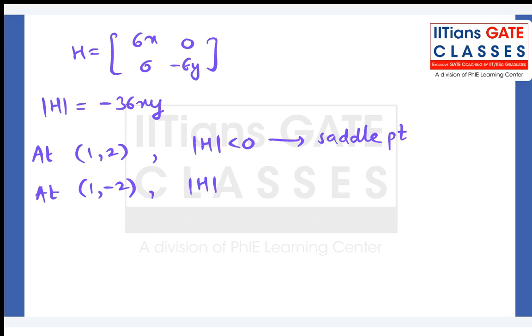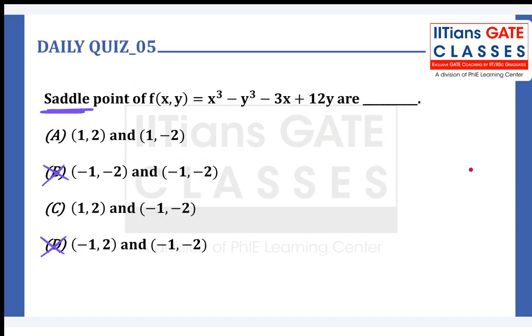So determinant will be positive in this case because of minus 2, and fxx is also negative. Okay, so this means it's a local maximum. Okay, so that's why option A is also not correct. And by elimination, C has to be correct, but we can just check minus 1, minus 2. Okay.